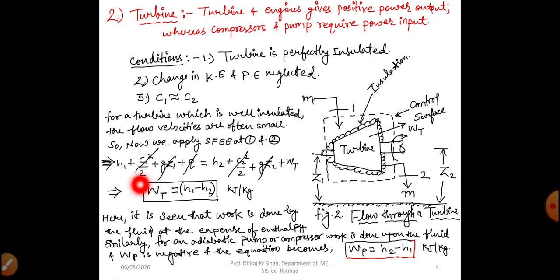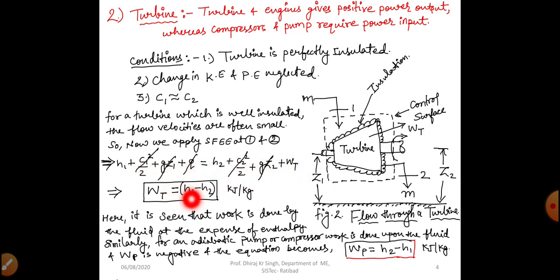So we can cancel velocities both sides, in the LHS and in the RHS, or in the section 1 and at the section 2. We can cancel out potential energies also, and as our system is insulated, we can equate our net heat transfer to 0, so it will also become 0. So what will be remaining? H1 in the left hand side and H2 plus WT in the right hand side.